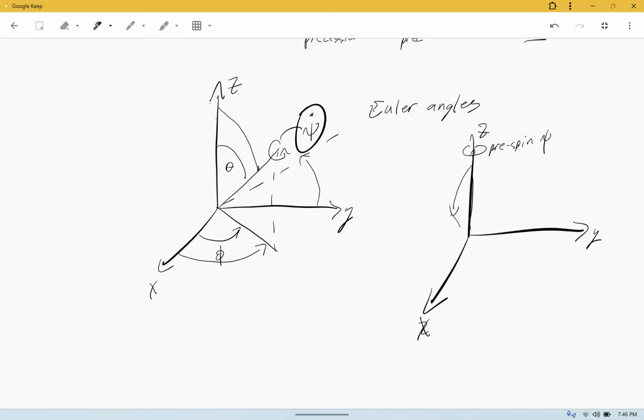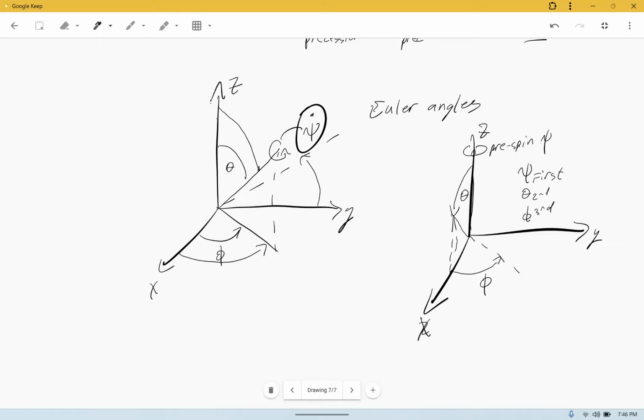So where the shadow is down to here, right? Then lean towards x by theta. Then wrap this out here, however far you want it to go, to phi. So psi first, theta second, phi third, which is the opposite of how you're told to do it.